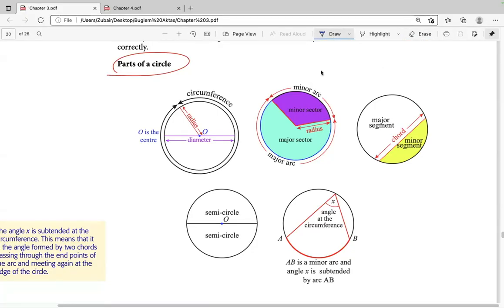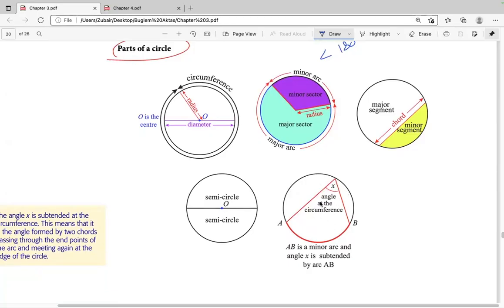For example, a minor sector is always less than 180 degrees and a major sector is always more than 180 degrees. On the other hand, a minor and major segment would be less than half of the circle or more than half of the circle. If it passes through the diameter, it is known as a semicircle.